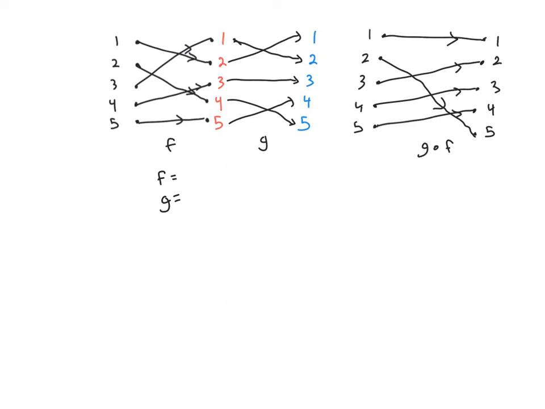Well, we see that 1 goes to 2, 2 goes to 4, 3 goes to 1, 4 goes to 3, and 5 goes to 5, so that's the permutation f. The permutation g sends 1 to 2, 2 to 1, 3 to 3, and it swaps the 4 and the 5. So what's g composed with f?